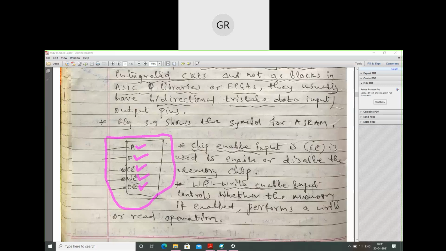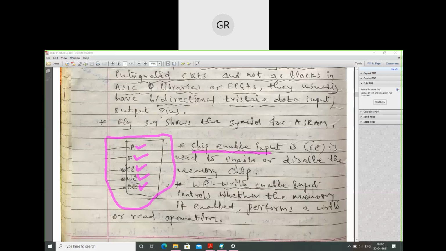Just note down: the chip enable input is used to enable or disable the memory chip. Second, WE bar. See the bubble; that means it's a bar, a complement. The CE bar, WE bar, OE bar.